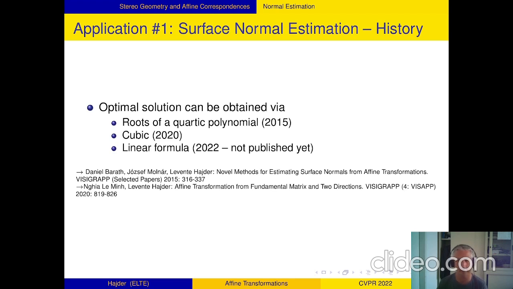However, in 2020 we proved that a cubic polynomial also exists, and it's surprising that we reconsidered the problem with a symbolic tool, and this is an unpublished result, that a linear formula also exists in order to estimate the surface normal optimally. Optimality is considered in the least squares sense.